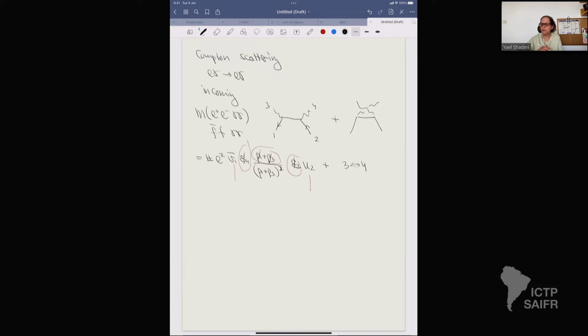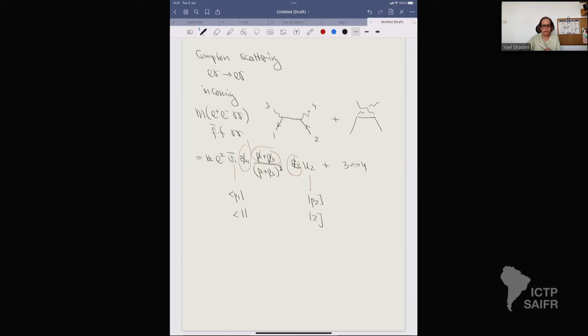So there are two possibilities: either this one is an angle spinor of P1 and the other is then a square spinor, or vice versa. Let me make this choice. This spinor we're just going to call 1, and this one we're going to call 2.